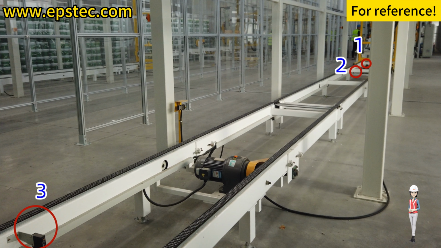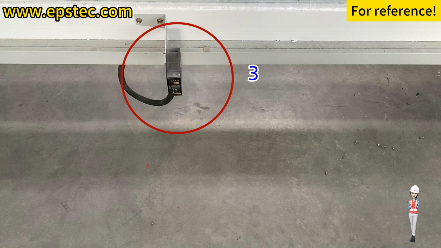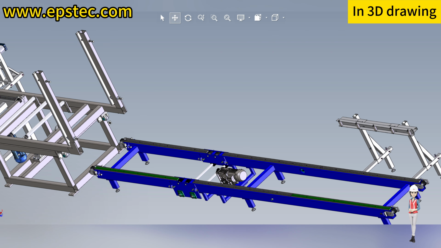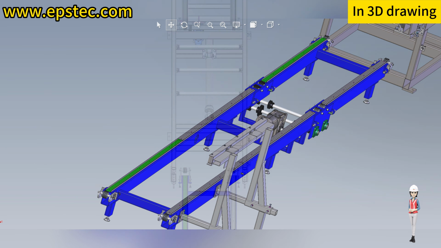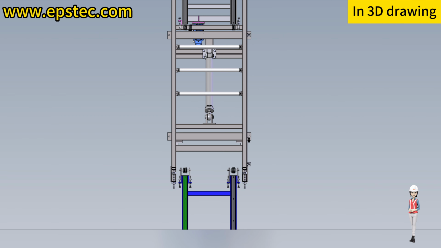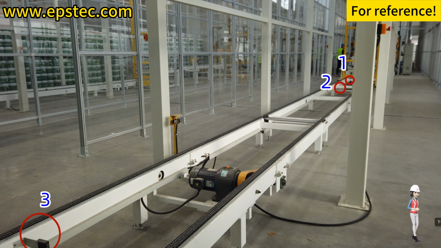forward. The vertical storage chain conveyor has a total of 3 sensors. If any of the sensors detects our signal, the vertical storage line will consider that there is an EPS block on the chain conveyor and will transport the EPS block to the tilter station, which is the position of the first photoelectric sensor.